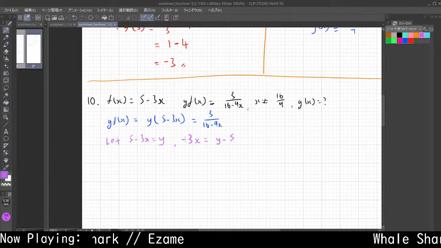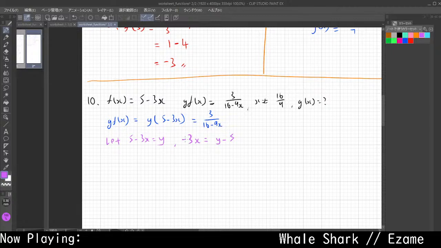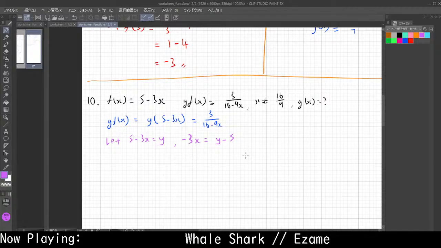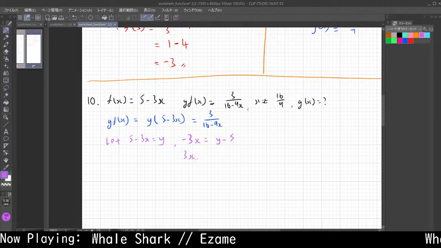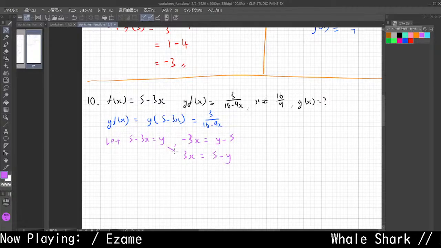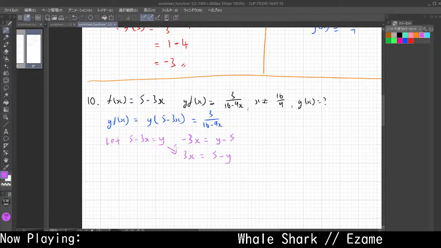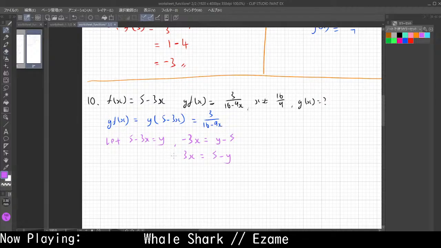It does not belong to the 5. Then if you want to, you can bring the negative over to make it a bit nicer when you move the 3 over. So this will become 5 minus y. If you can go from here to here, that will be very good. But if not, just do it slowly. It's just one more step.